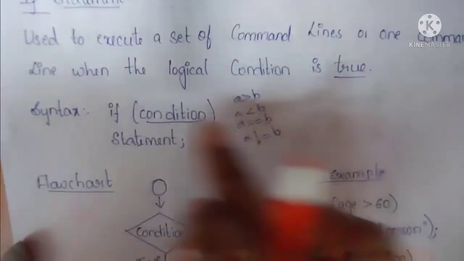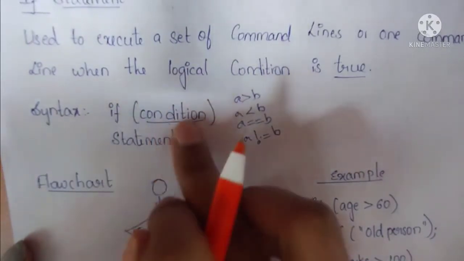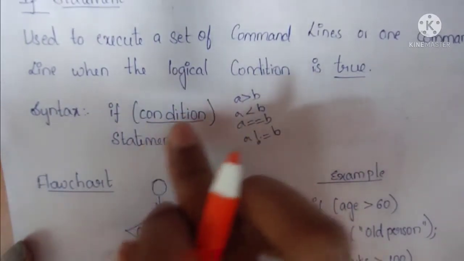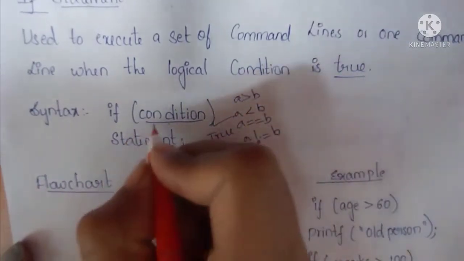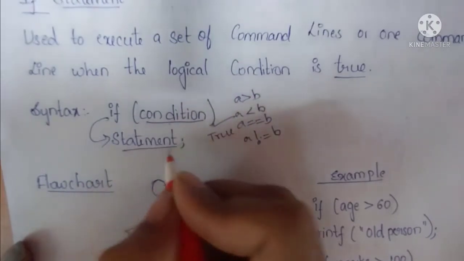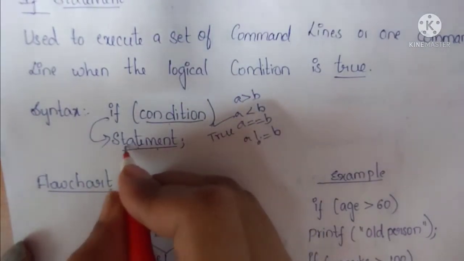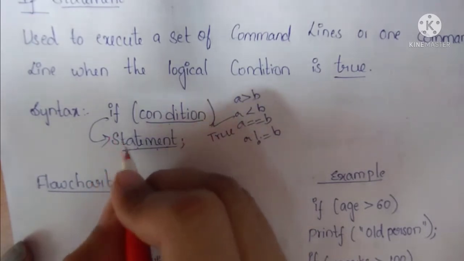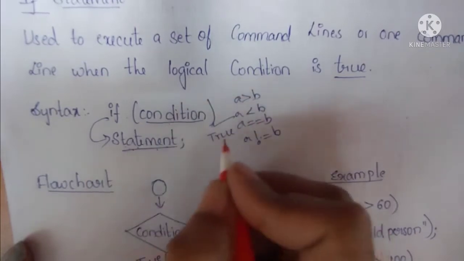You write these in the place of condition here. If this condition is true, then only it will execute these statements. So whatever printf statements we are writing in the statement block will execute when the if condition is true.